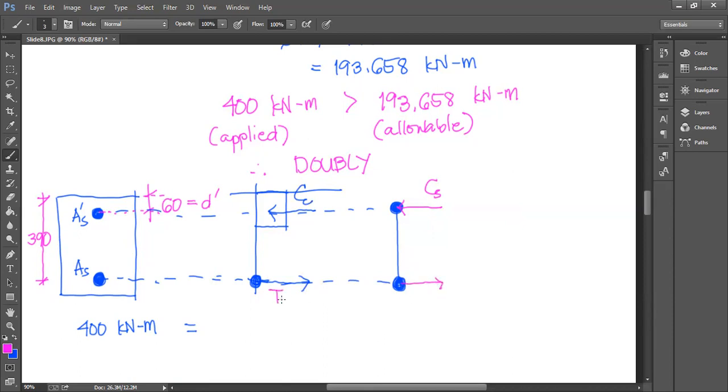So for T1 and T2, we do not yet have an assumed value for both T1 and T2.